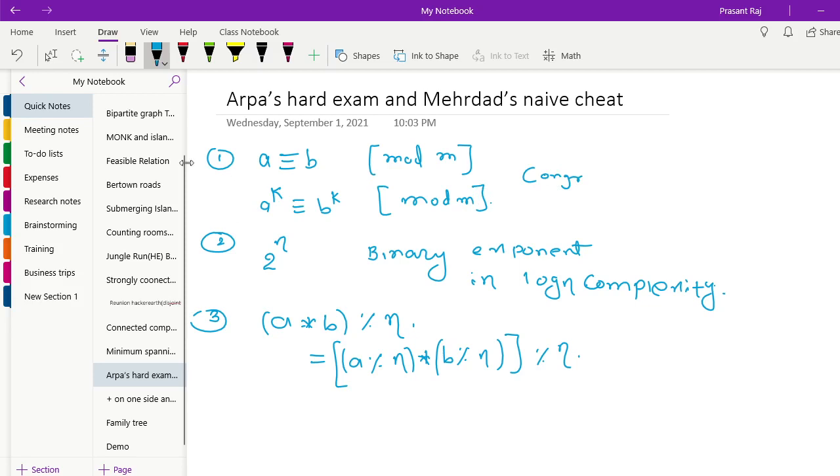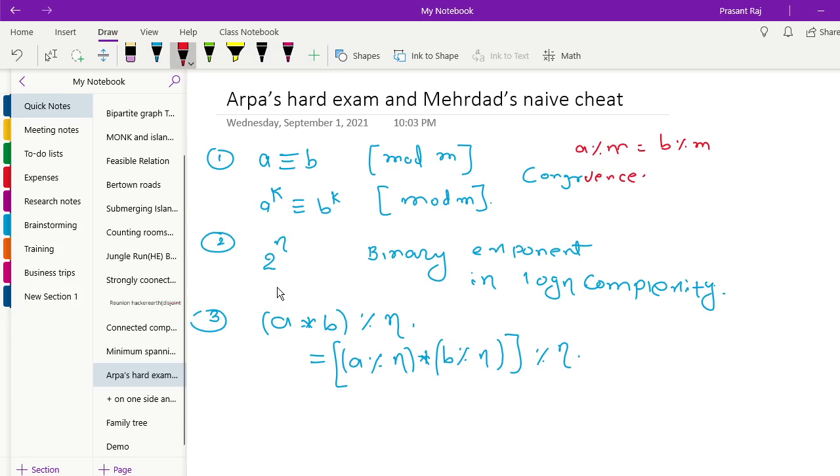A and B are congruent to each other with respect to modulo m if A modulo m is equal to B modulo m. One property says that if A is congruent to B with respect to modulo m, then A raised to the power k is also congruent to B raised to the power k with respect to m. So this is the first property.